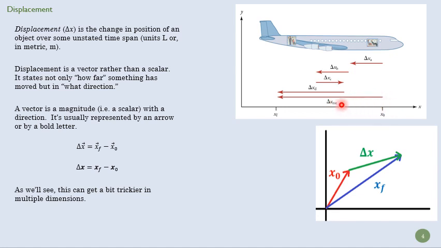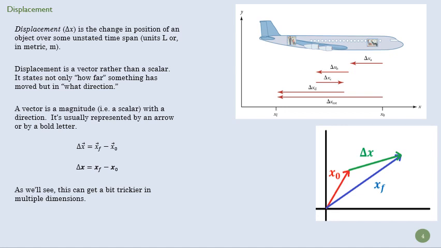I didn't just move 20 meters, I moved 20 meters in the negative x direction. Okay, if I go then back to my cushy seat and have myself a gin and tonic, I'm going to move 20 meters in the positive x direction. So a vector tells us not only how far, but in what direction.